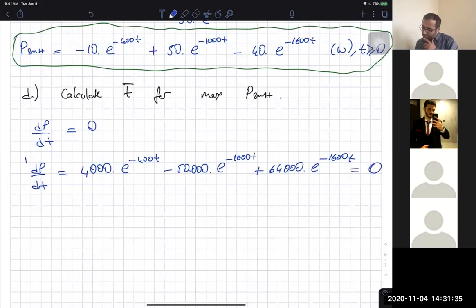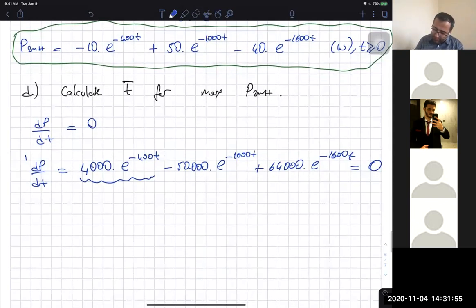Okay, so since we are equating to 0, I will try to find some common terms that I can play with. So what common terms can I factor out? So for example, I can directly get rid of this term by extracting this term from the other guys.